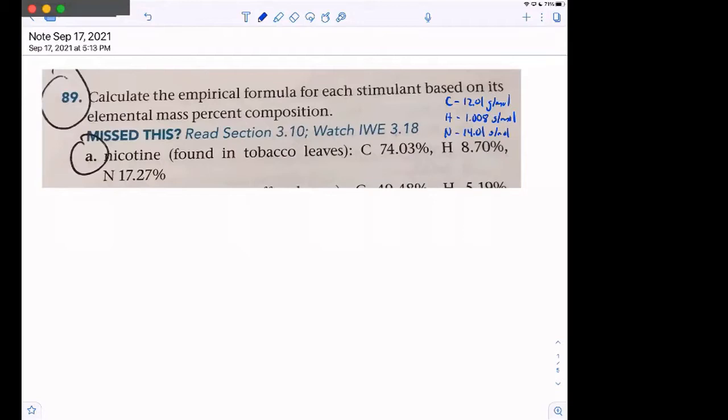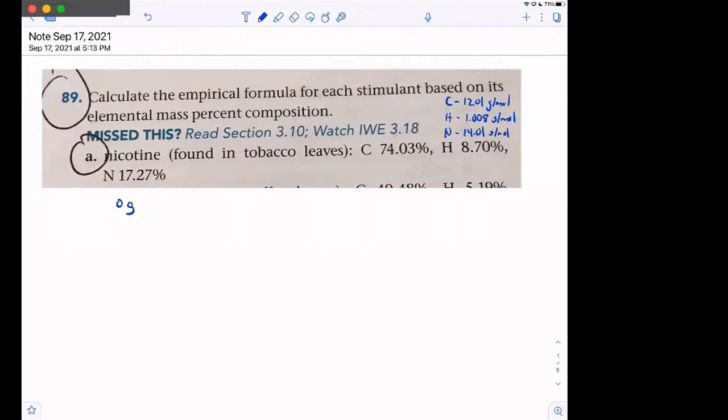Here is chapter 3, question 89. What's the empirical formula? We're going to look at the empirical formula for nicotine. Nicotine is 74.03% carbon, 8.7% hydrogen, and 17.27% nitrogen. With percents, you pick any number. I just pick 100 grams because that's a nice, easy number.